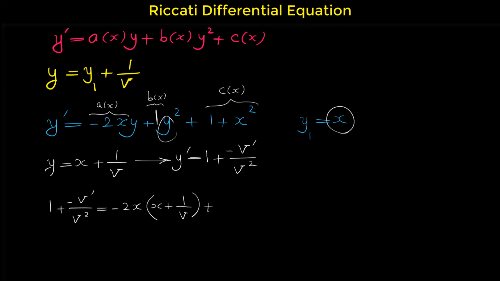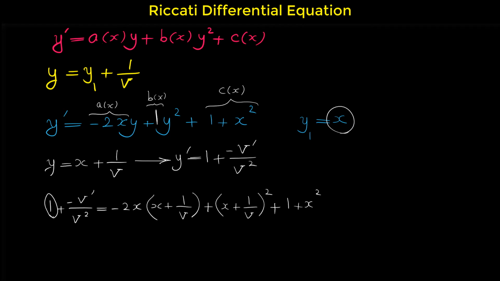Plus y squared, so we have to square this: we have to raise x plus 1 over v to the power of 2. And finally plus 1 plus x². Now we have to try to simplify this.